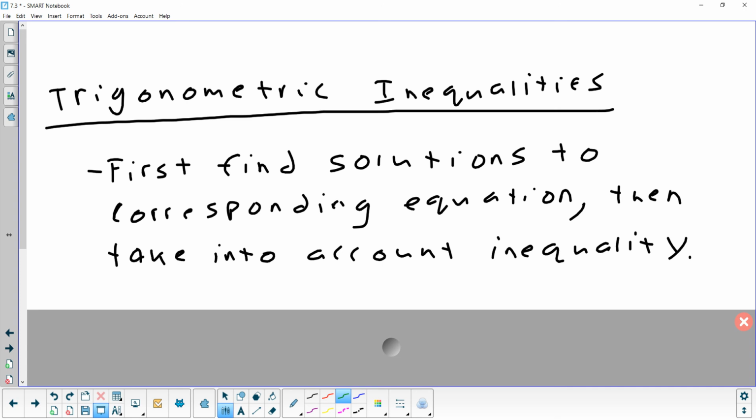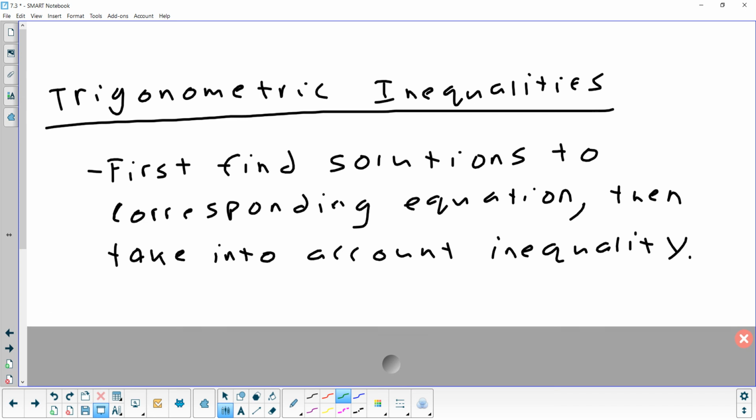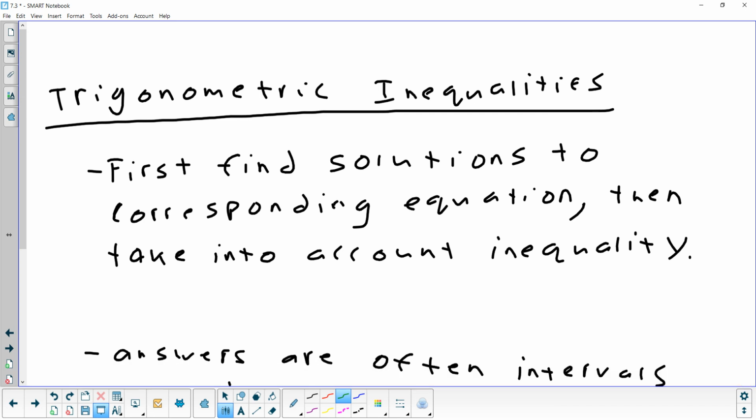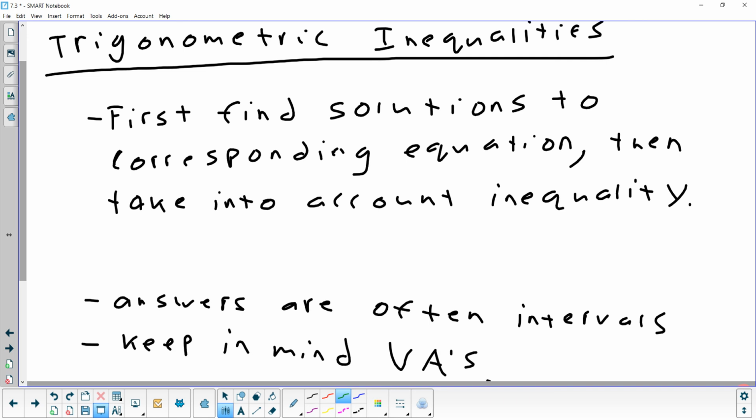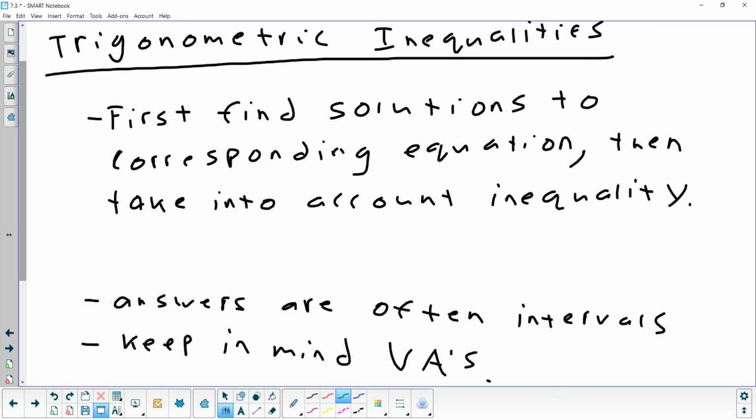And then once you have those intersection points or roots, you can build an interval from that. But when you're solving an inequality, most of the time your answer is an interval. You do have to keep in mind vertical asymptotes. If you have a vertical asymptote in the middle of your interval, that breaks your interval. Then you have to put the union symbol and start again.